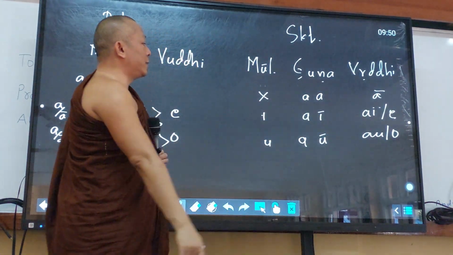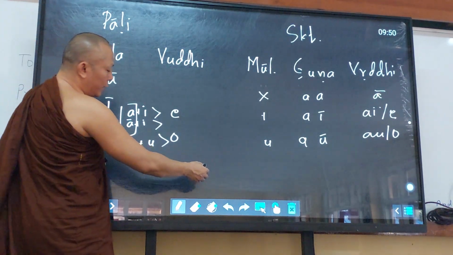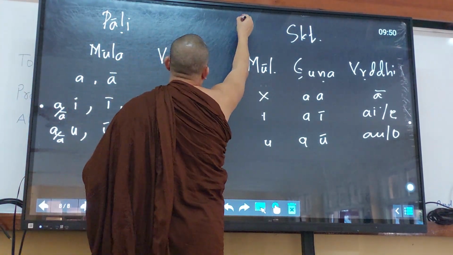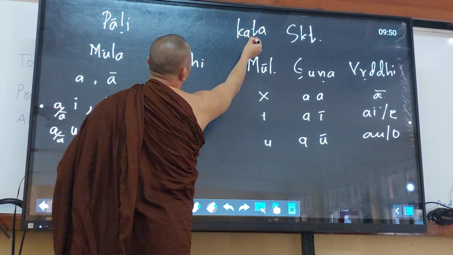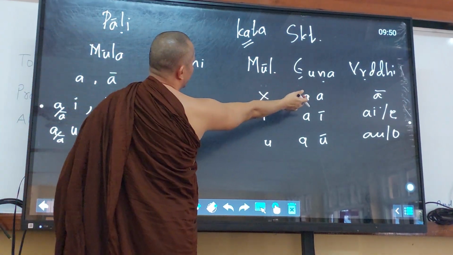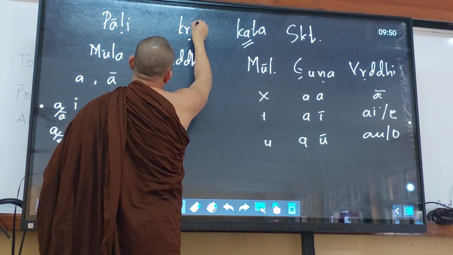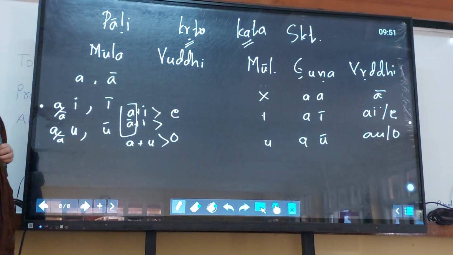Because of that system, in Sanskrit, the past participle form uses that mula grade. So for example, in Pali, kata. This vowel is actually in the Pali mula stage, but in Sanskrit that is the guna stage. In Sanskrit the mula stage can be found as krita.